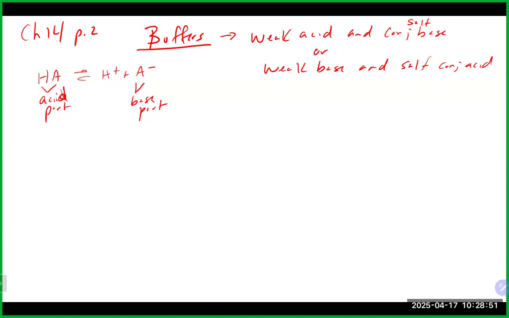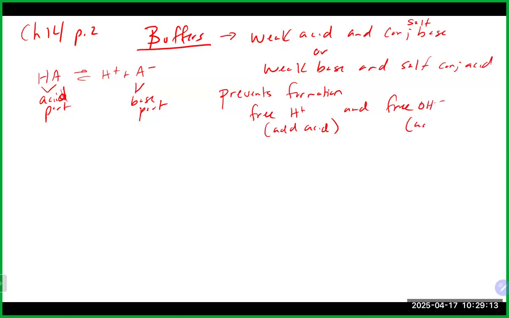The way it's able to do that is because it has both of these in solution. What it does is prevent the formation, as we talked about last time, of any free H plus when you add an acid, and it prevents the formation of any free hydroxide when you add a base.